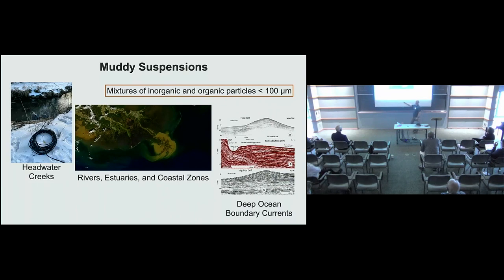Part of it will be looking at some mud from headwater creeks, but I'm also interested in how mud moves out in the deep ocean in contourite boundary currents and how mud drifts build up on the bottom of the ocean. I'm going to have a very general definition of mud: particles, both organic and inorganic, on the bed or in suspension, that are less than about 100 microns in size.